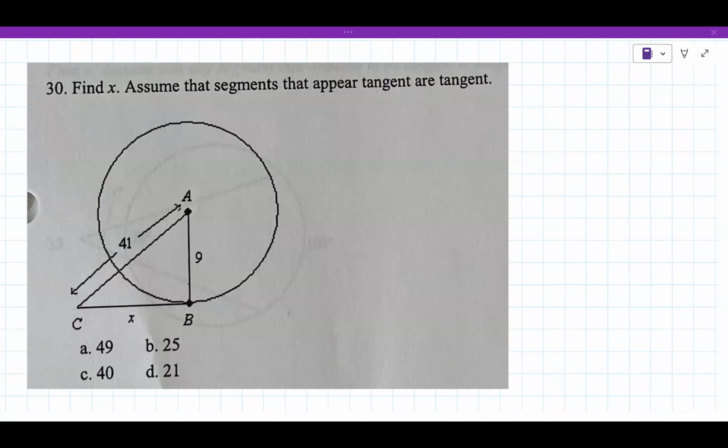So this would be 9 squared plus B squared equals 41 squared. Okay. So I would first need to find the actual numbers. So 9 squared is 81 plus B squared equals, what's 41 squared, which is 1681.